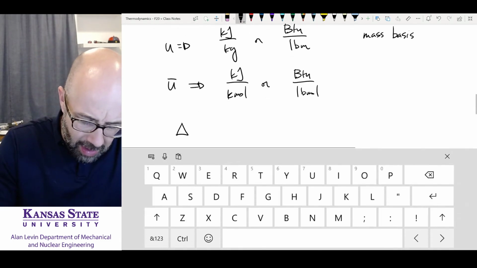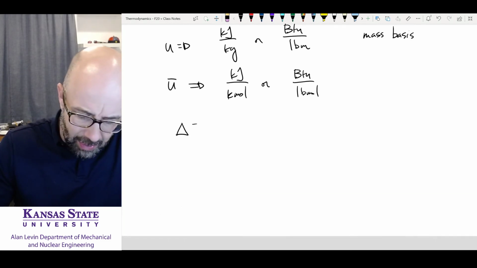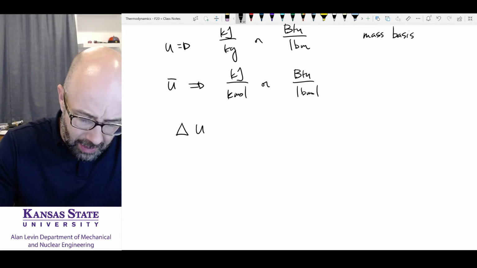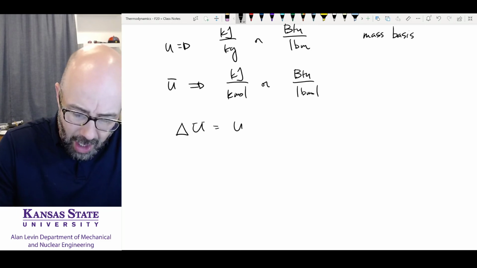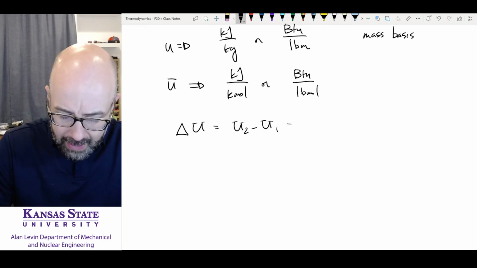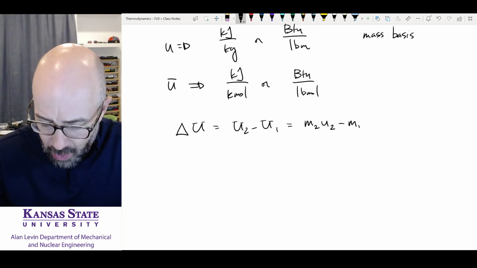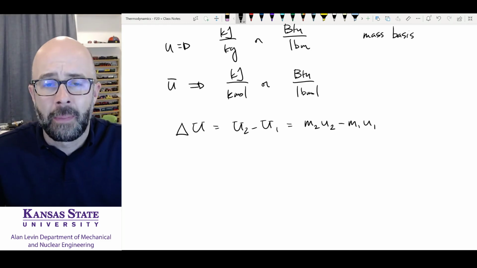Delta U, I can write that as, let's see if I can make a U, is equal to U2 minus U1. Or that's equal to mass 2 times specific internal energy 2 minus mass 1 times specific internal energy 1.